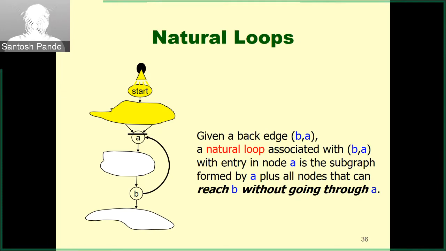So A is dominating B here, and there is a directed edge from B, the one which is dominated, towards the one which is dominating, which is A. And each one of them defines this particular loop, because that's how the control goes back and again iterates on a forward path through one of the edges. On a backward path, it goes through this particular edge, and the control simply cannot enter this region unless it comes through A.